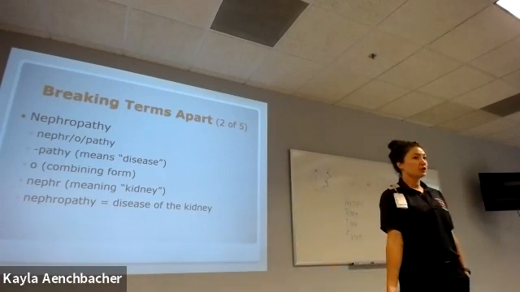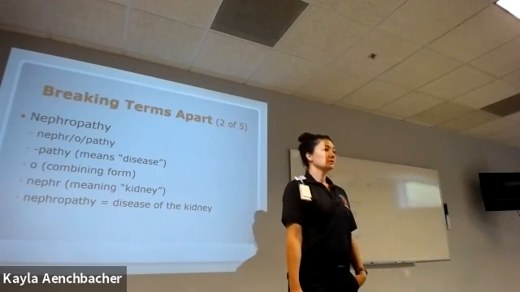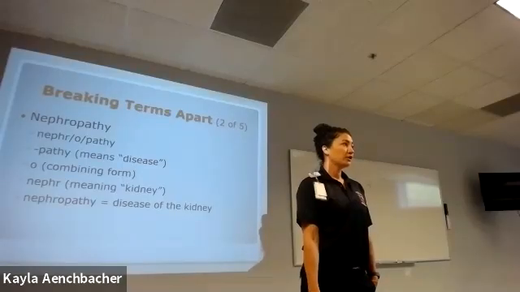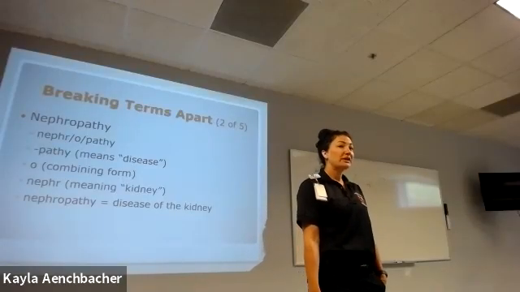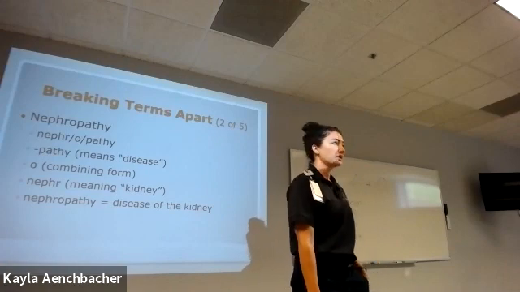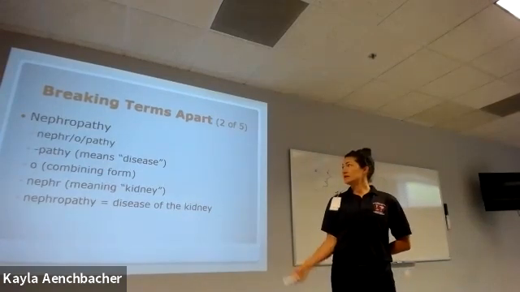Okay, what's another term that refers to kidneys? Starts with an R. Renal. Renal, R-E-N-A-L. If you see that, that's also referring to the kidneys. But nephro refers to kidneys.